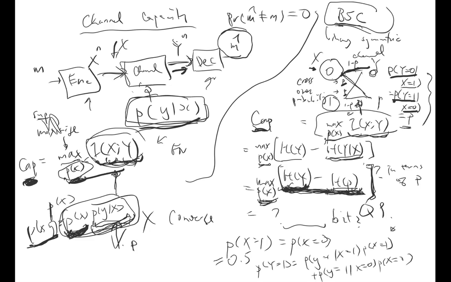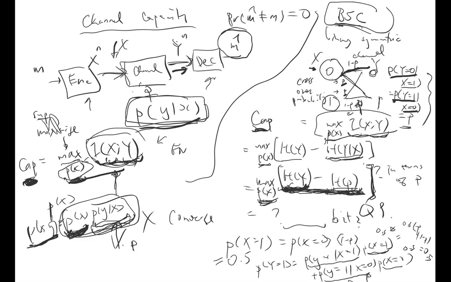What I'm doing here is just Bayes' rule and marginalizing out X. This term is equal to 1 minus P, and this one is equal to P. With X uniform, both X=1 and X=0 have probability 0.5. Then this is just 0.5P plus 0.5(1 minus P), so therefore it equals 0.5.